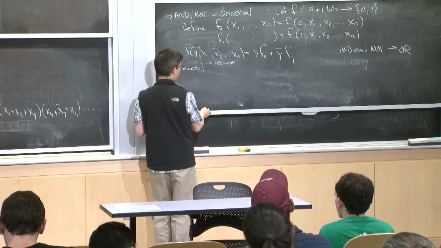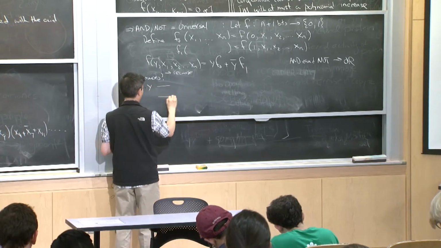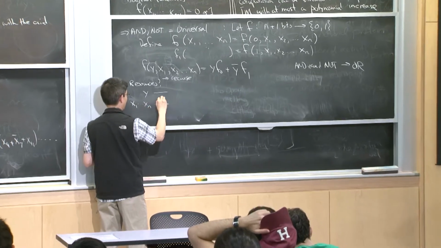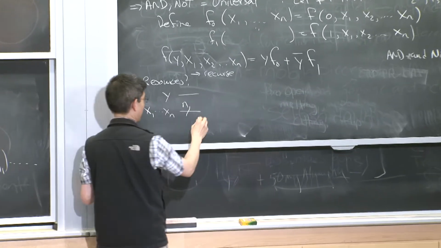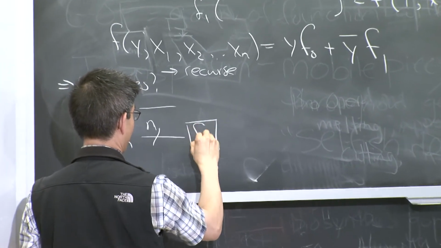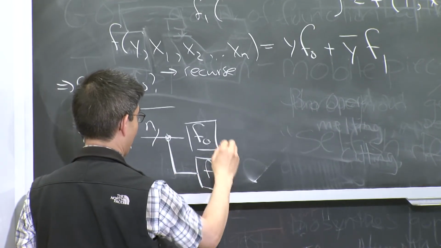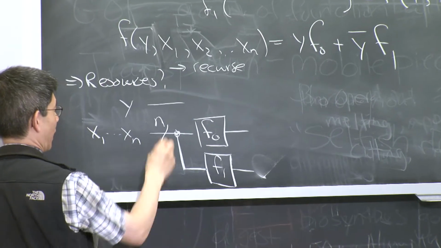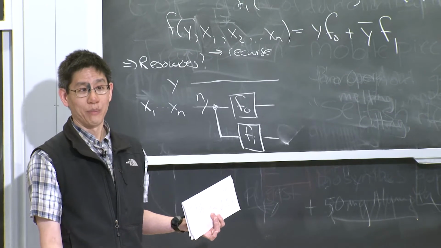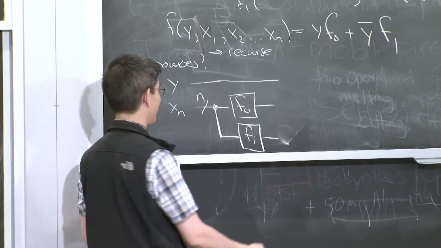Well, if we draw out the circuit that I just used, it becomes very clear how much resource is required. So what we have is two sets of inputs, x1 through xn. There are n bits here. There's 1 bit here. This is fed into a box which computes f0, and copied and also fed into a box that computes f1. And then this bit y, a single bit here, is used to select one of the outputs of the functions, either the f0 function or the f1 function.